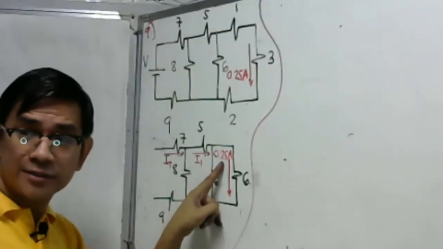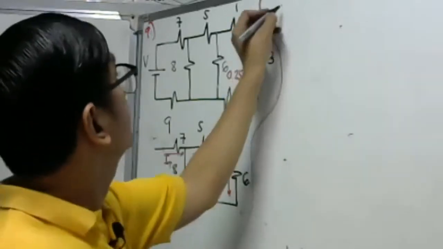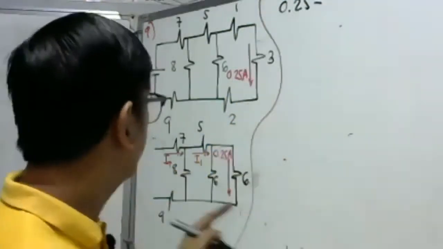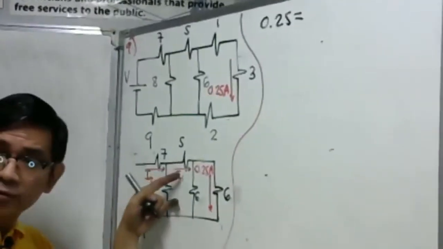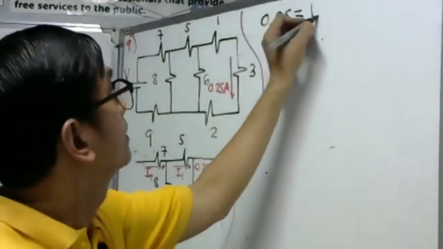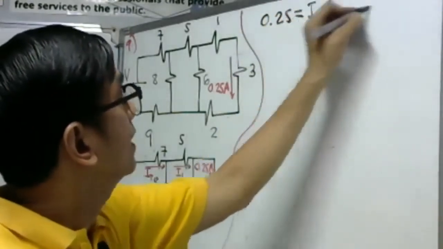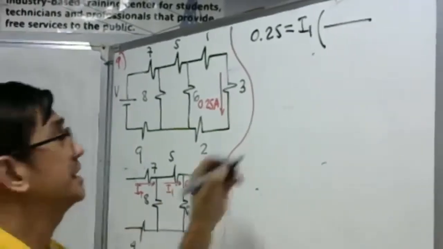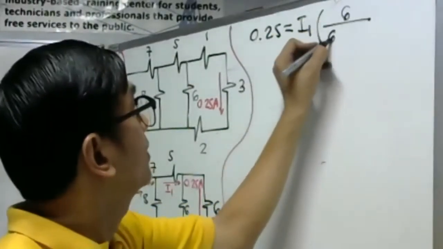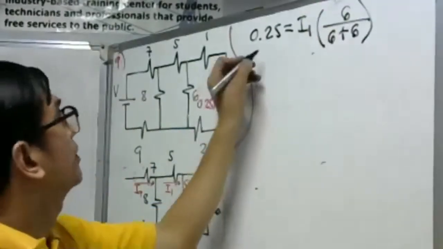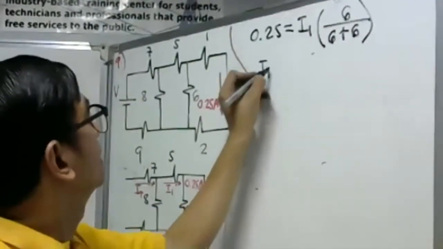By current divider theorem, we have 0.25 multiplied by the resultant current. Who is the resultant current? Our I1. Multiplied by the opposite resistance, which is 6 over 6 plus 6. So we can now solve our I1.